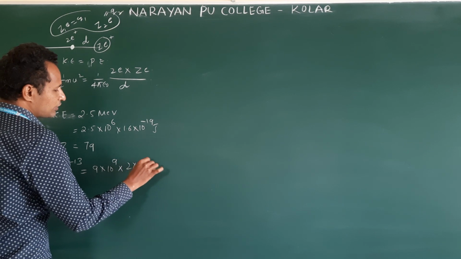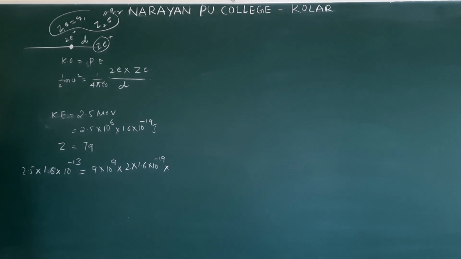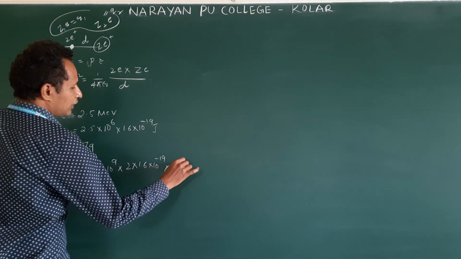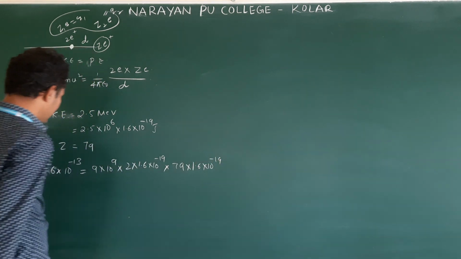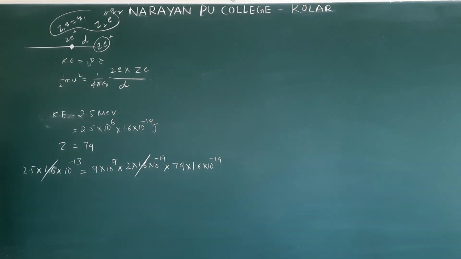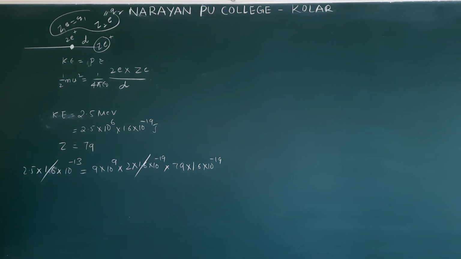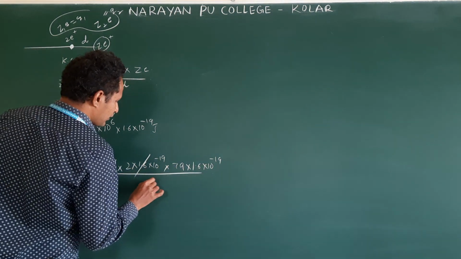So 2 into 1.6 into 10 power minus 19, into Ze, where Z value is 79 into 1.6 into 10 power minus 19, by d. In this, the 1.6 and 1.6 cancel, right? Next, by d as it is.